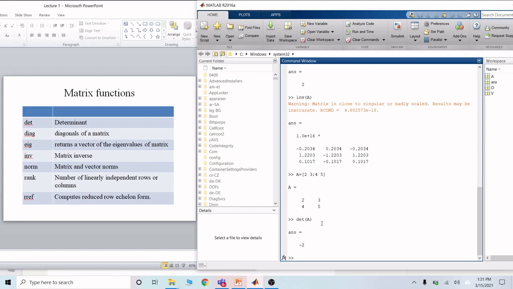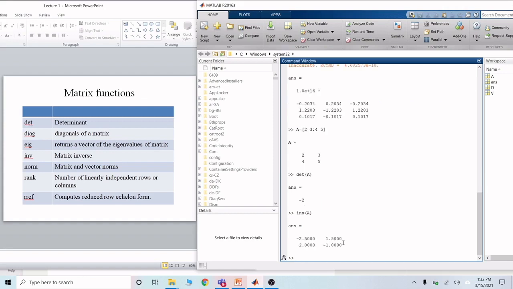This is a 2 by 2 matrix, 10 minus 12 is minus 2. The determinant is minus 2. INV of A is equal to this. Okay, it is simple. 2 by 2 is simple, so I'm showing the 2 by 2 matrix 2 3 4 5.